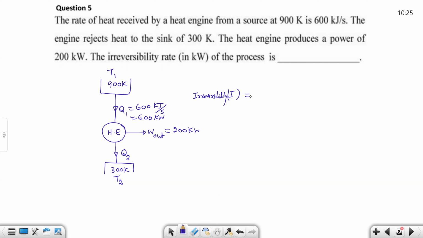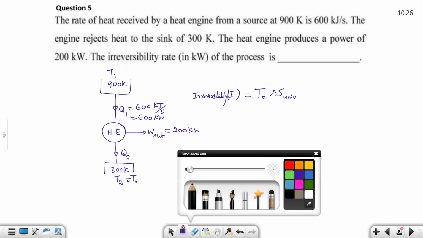Irreversibility I is T0 times the entropy of the universe, or entropy generation. T0 is the ambient. So here this 300 Kelvin, T2, is your T0, because the heat is rejected to 300 Kelvin, which is considered as ambient temperature.